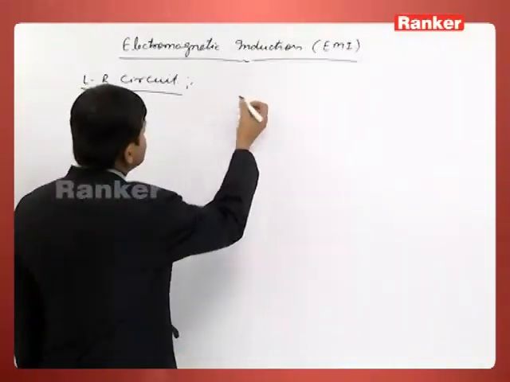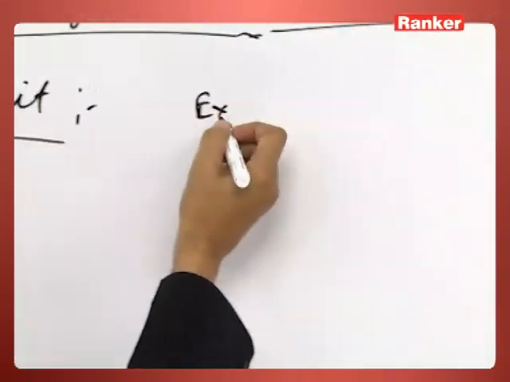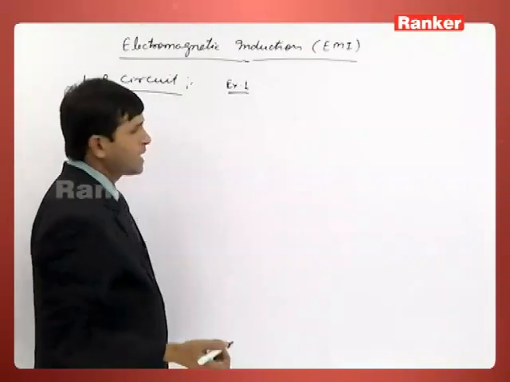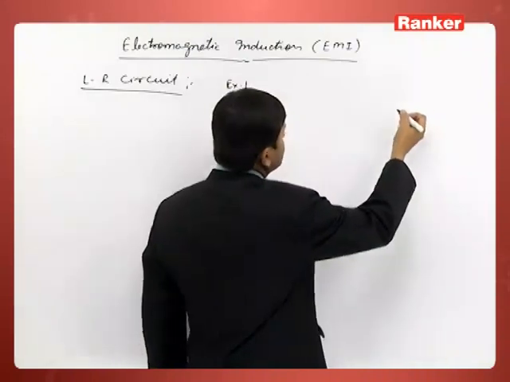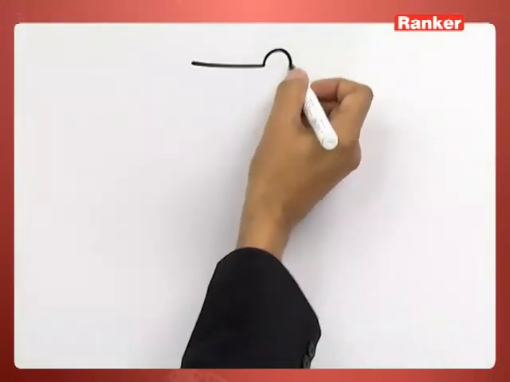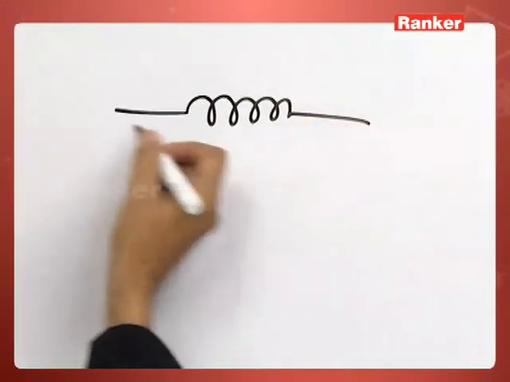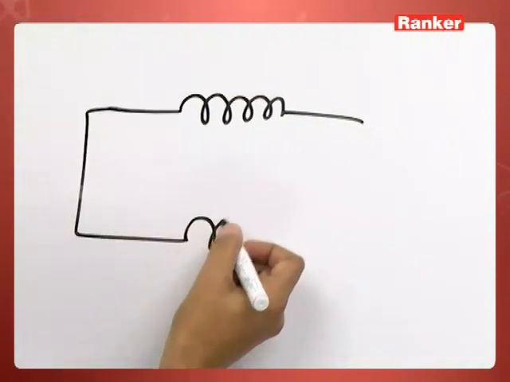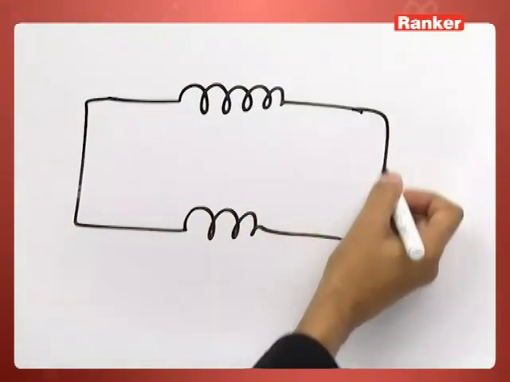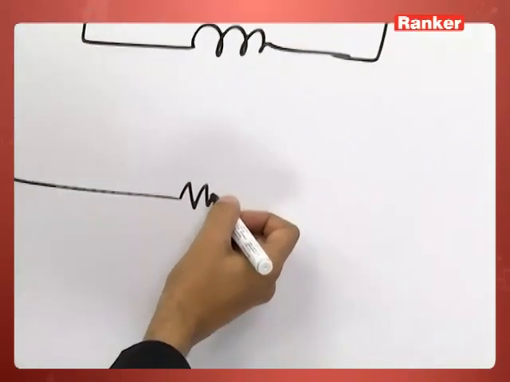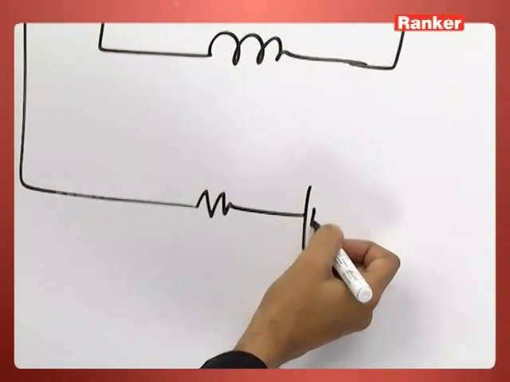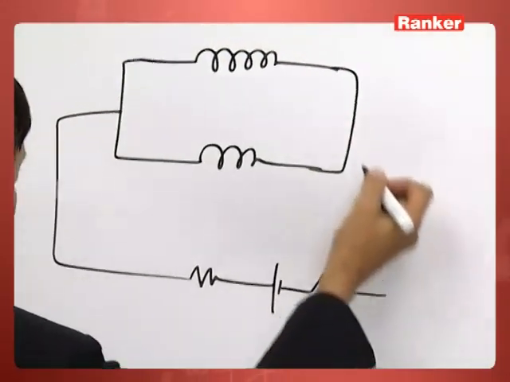Let's see one example based on the LR circuit. In this we have two coils or two inductors having self inductance L1 and L2, connected in this manner.